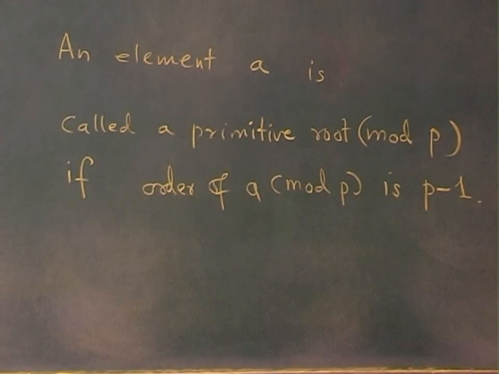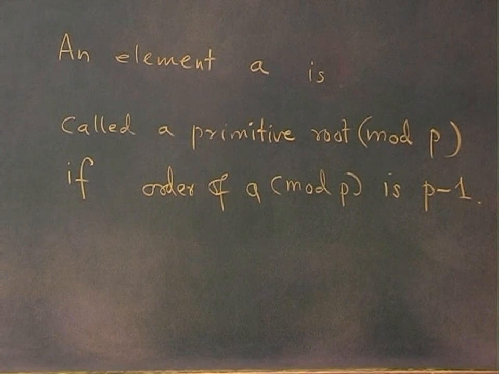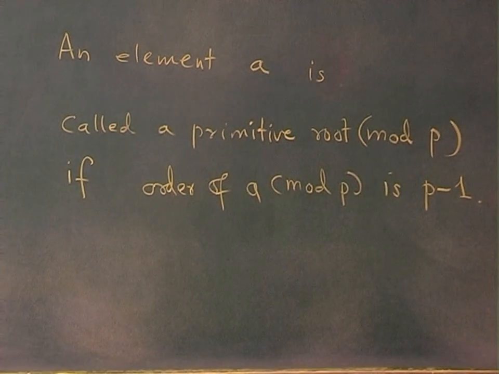So if we have an element of order p minus 1, it's called a primitive root. And we will show that such an element always exists.